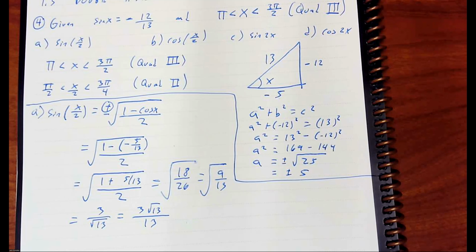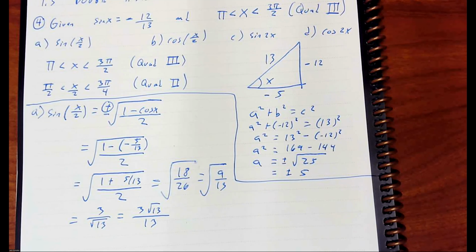I would accept this one or that one. It's fine, you don't have to go that far. The main thing: plug in the stuff, get the right signs, you had cosine. The rest is simplification.